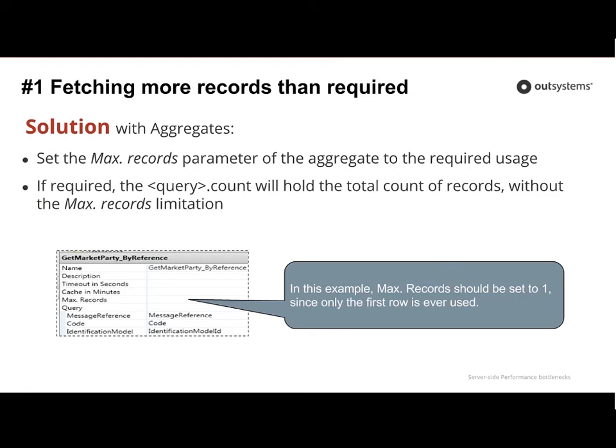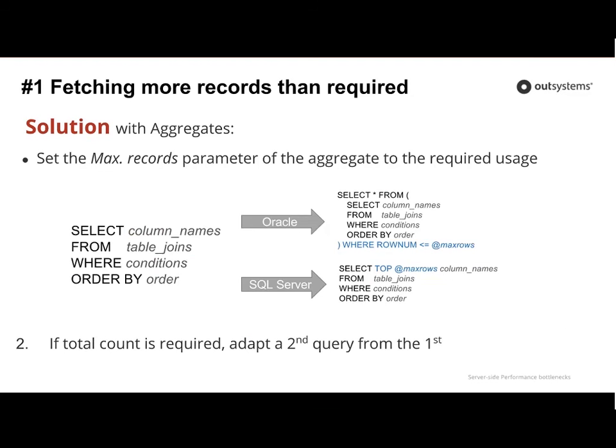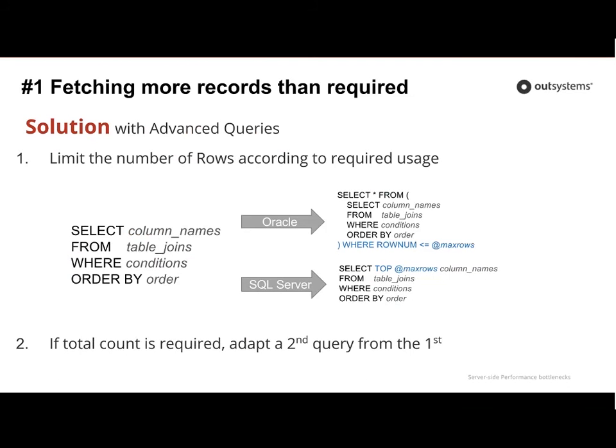It depends on the version of the platform that you are using. This is a very simple technique for aggregates, but the same applies to advanced queries. If you need to, for some reason, fetch information using the advanced query, bear in mind that you also need to consider adding a max records limitation into your query.